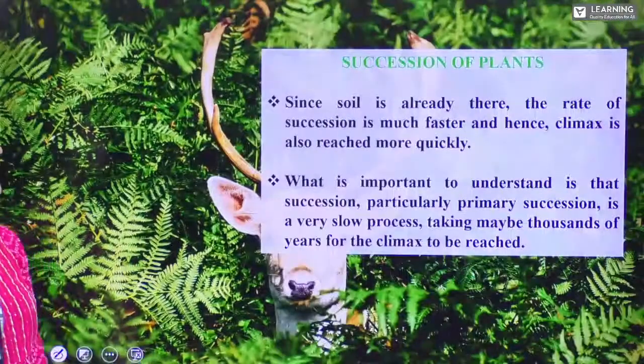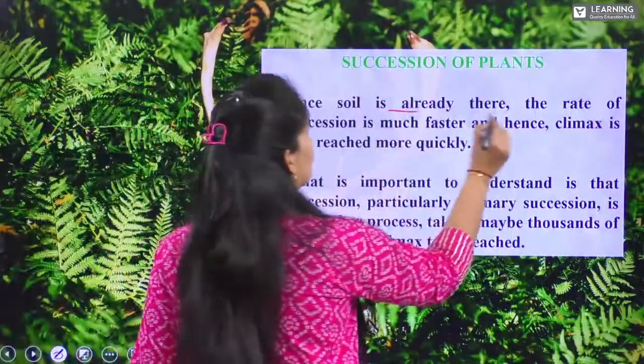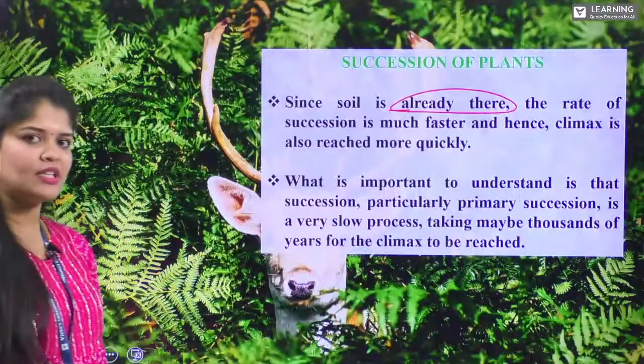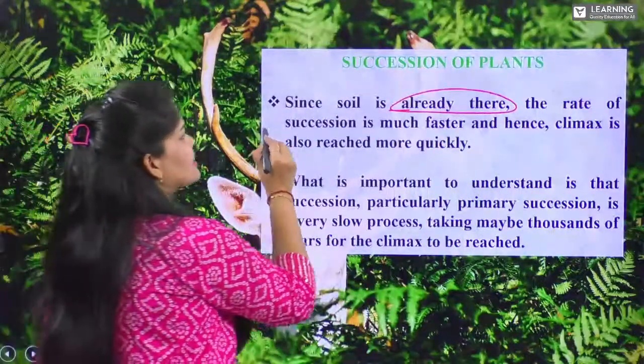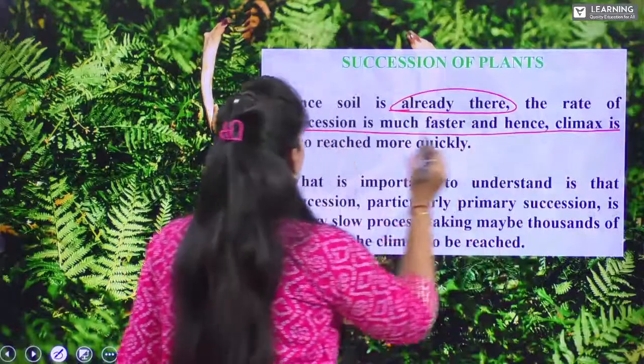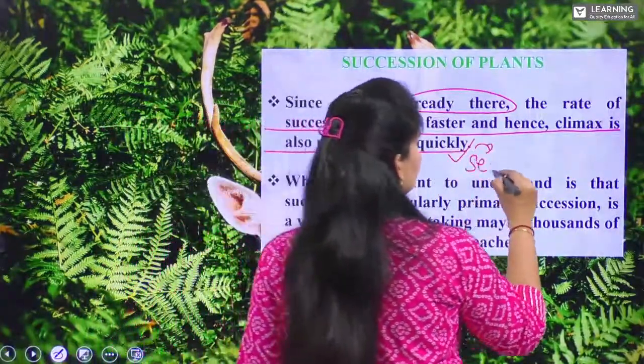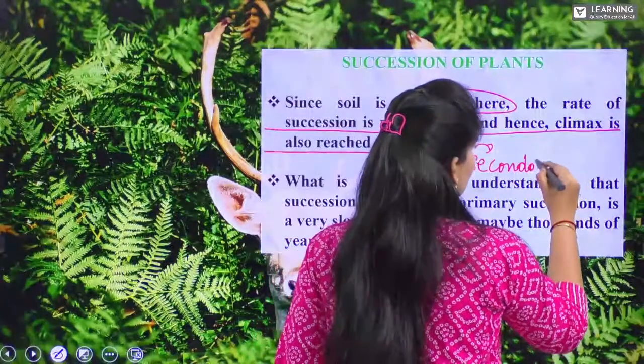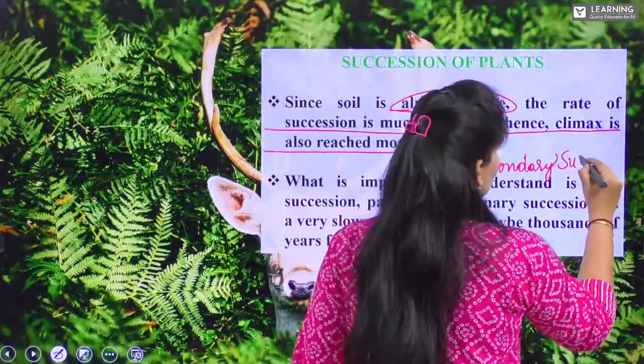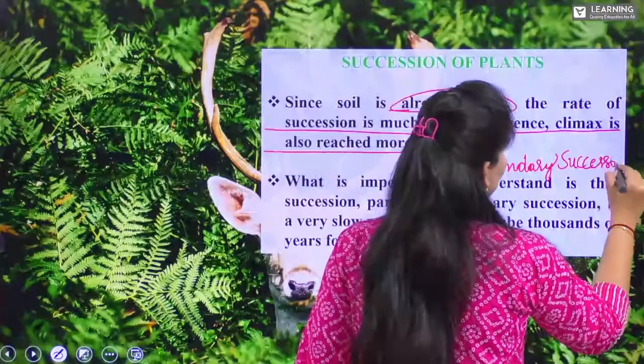So here some soil is already there in secondary succession. Therefore, the rate of succession is much faster and hence the climax is also reached more quickly in the case of secondary succession.